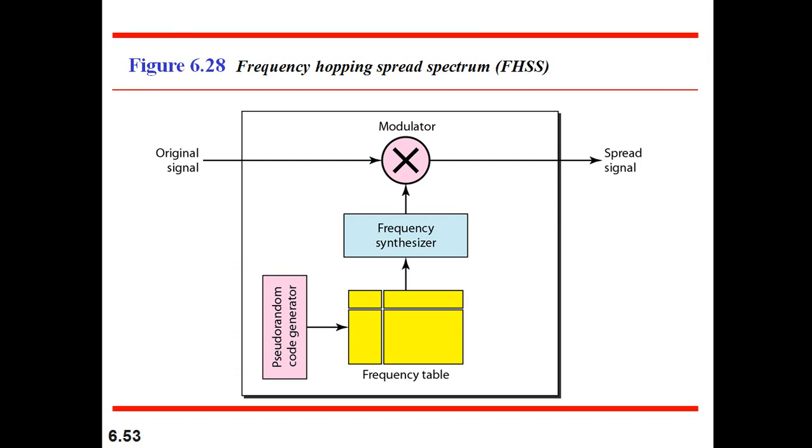In frequency hopping spread spectrum, we use M different carrier frequencies that are modulated by a source signal, one at a time. Listen carefully. At one moment, a signal modulates one carrier frequency. At another moment, the signal modulates another frequency.